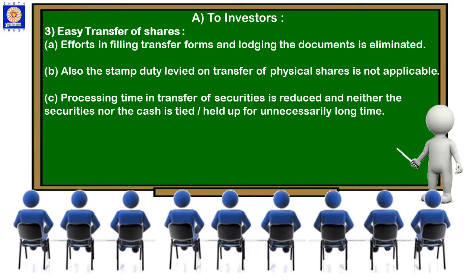Earlier, before 1996, if a shareholder wanted to sell his shares, he had to go through a long procedure. He had to fill the transfer forms, take the sign of the transferor and then the sign of the transferee, surrender the share certificate, and submit the transfer form at the company's registered office. And that used to take a lot of time.